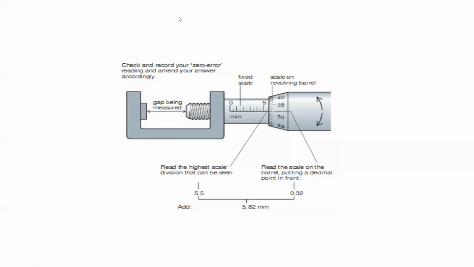So the reading on the micrometer is equal to the main scale plus the circular scale multiplied by 0.01 millimeter. This is a simple formula you will use whenever you are using a micrometer.